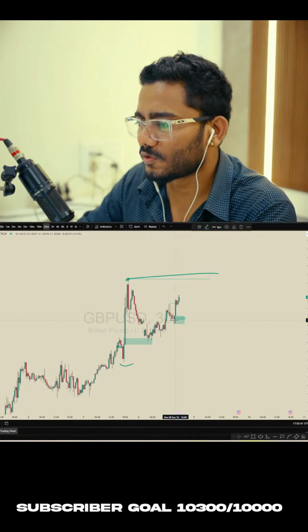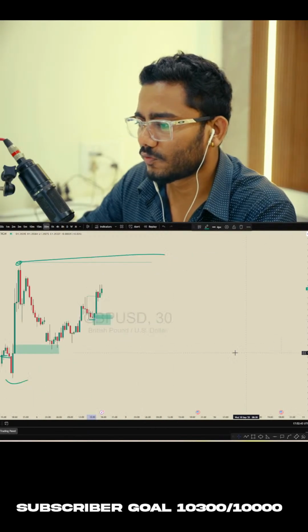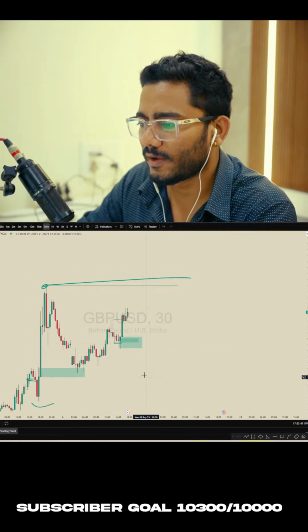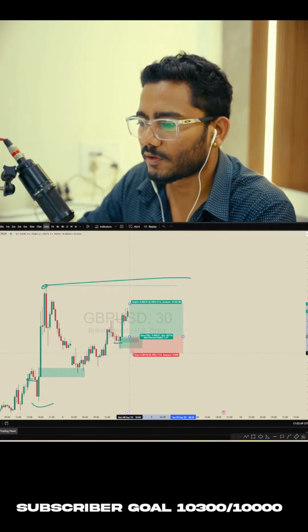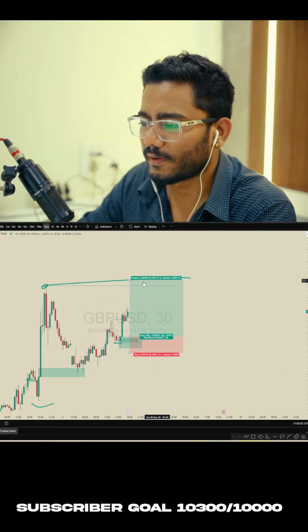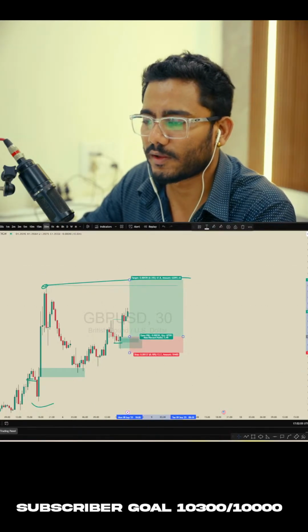Price took out this low. So we have this 30-minute order block. You can look for a buy side entry from here and target the next high, so around 1:3. But if you look for change of character, then you can get around 1:5, 6.